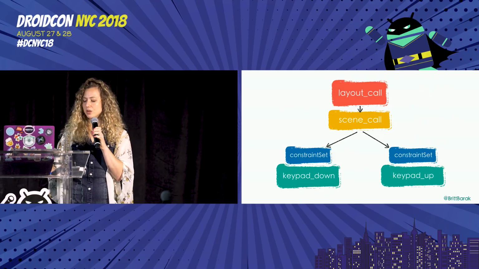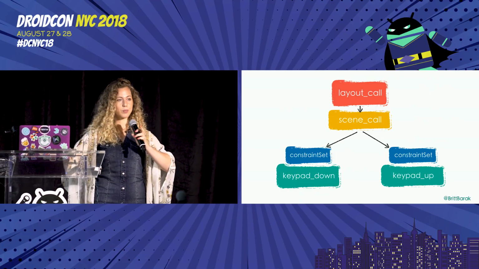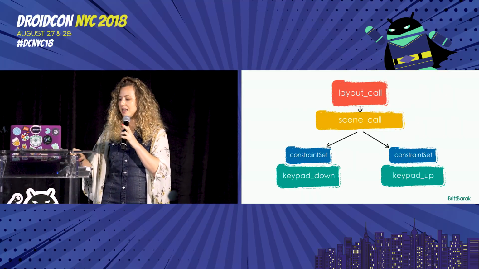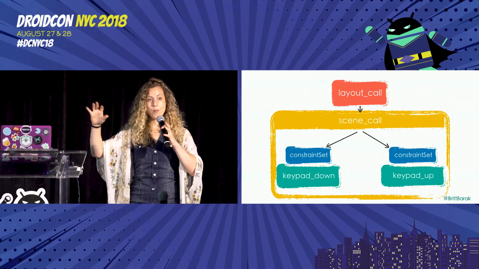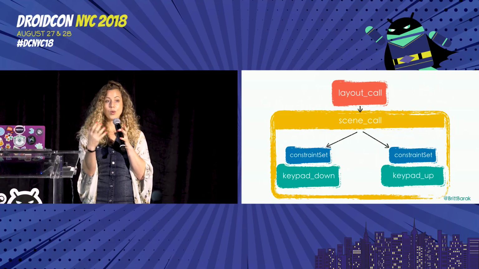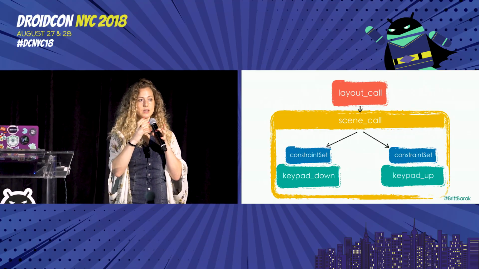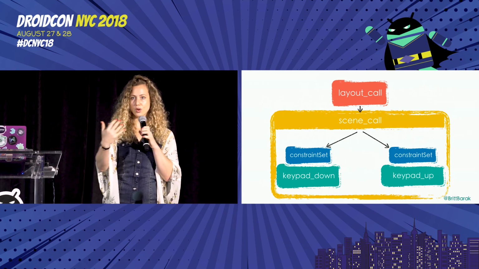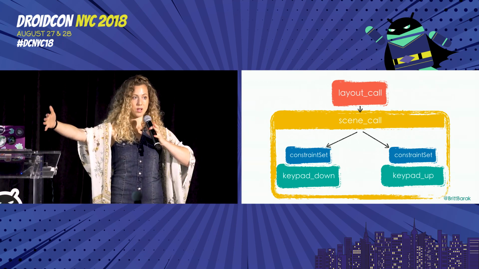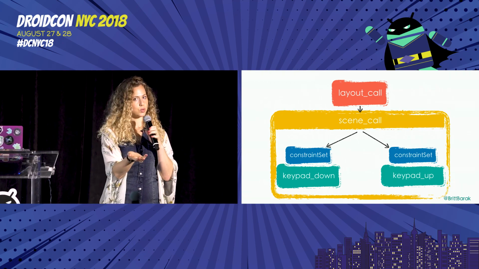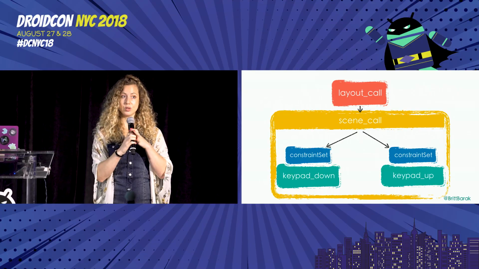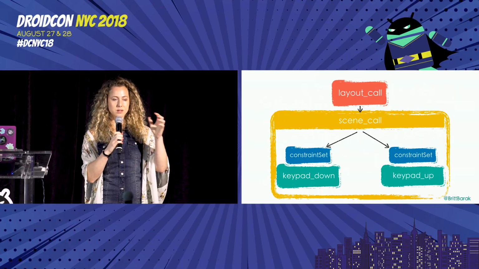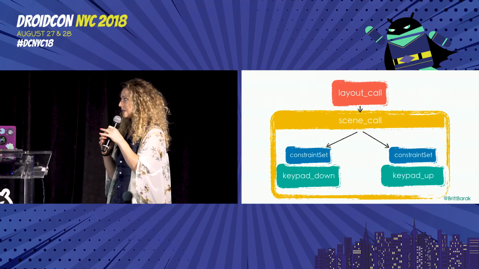What we need to do now is, instead of having two separate files for scene start and scene end, have them both in one motion scene. As I told you, what we actually care about are not the views from these layouts of the scenes. We care about the constraints, the attributes that we need to animate. So we need to have all these constraints in one file, the motion scene file.